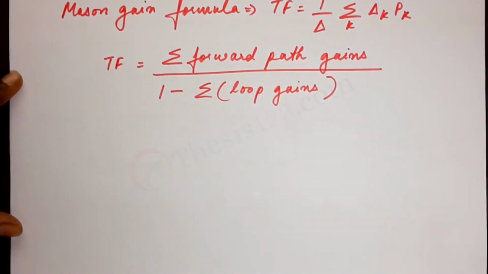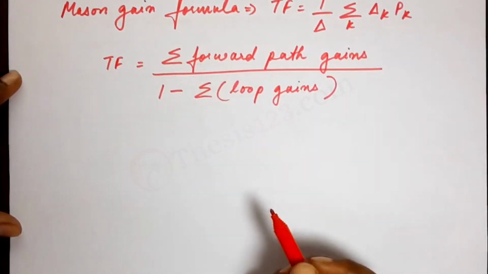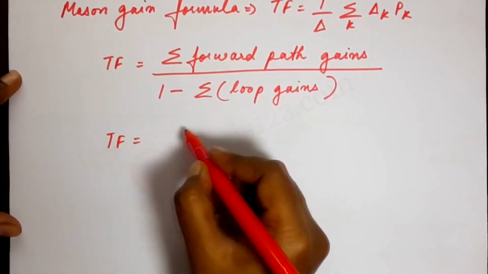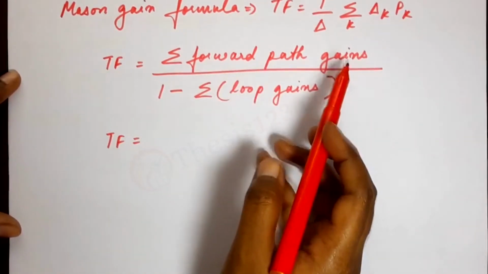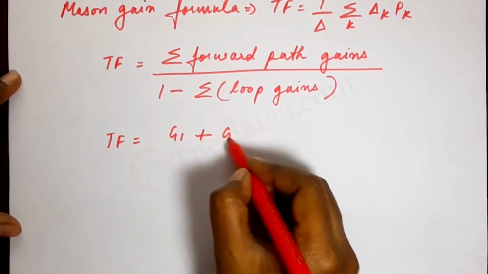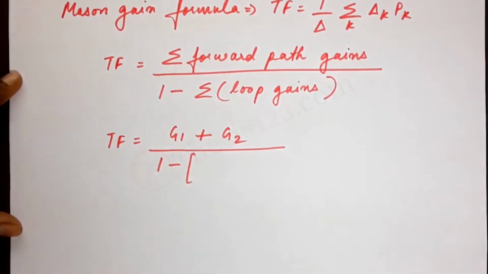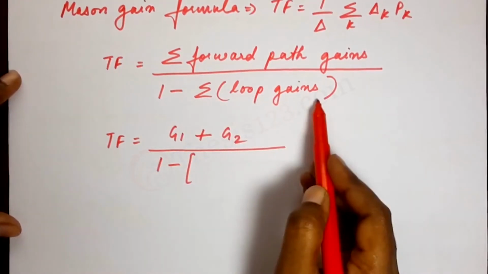Because we have a very simple block diagram with two paths and one feedback which goes into both the forward paths, giving us two individual loops, the transfer function can be written in this simplified form. The transfer function would be the summation of the forward path gains. We found the forward path gains are G1 and G2, so we would have G1 plus G2 in the numerator, divided by 1 minus the sum of the loop gains.